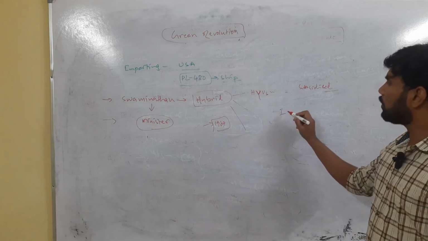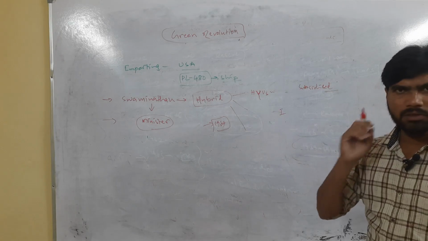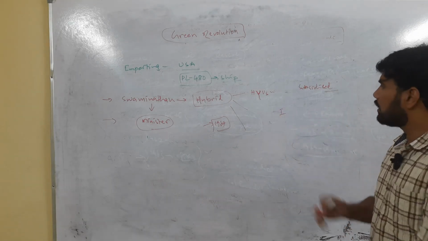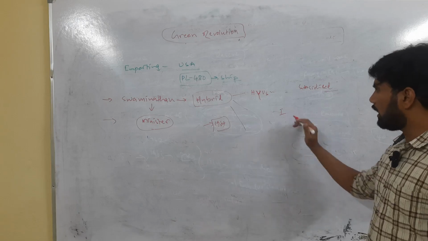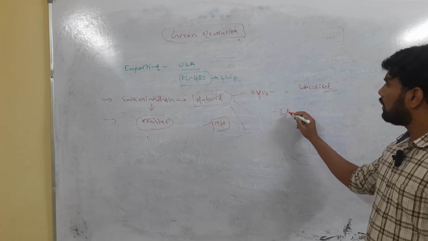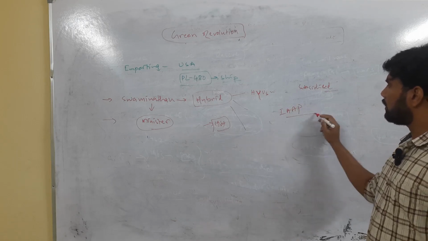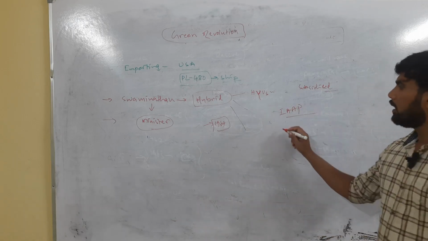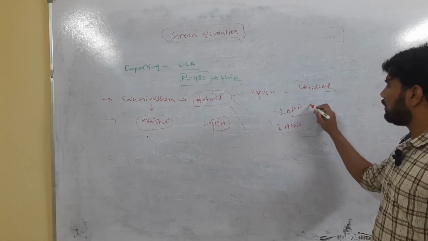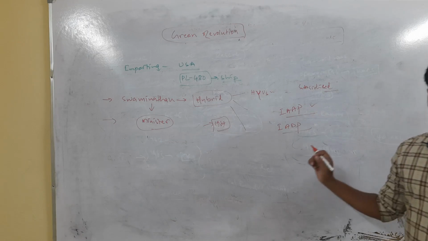At the time, two programs. It was not called the Green Revolution when these seeds were introduced in the 1960s itself. IAAP, Integrated Agriculture Area Program, and Integrated Agriculture District Program, IADP and IAAP. You have to remember these names.